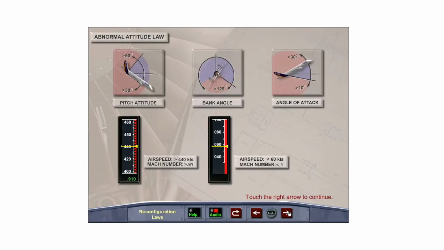If the aircraft is thrown out of control due to, for example, mid-air collision or clear air turbulence, the abnormal attitude law allows the pilot to bring the aircraft back to within the normal flight envelope.